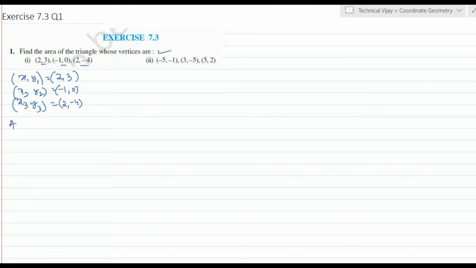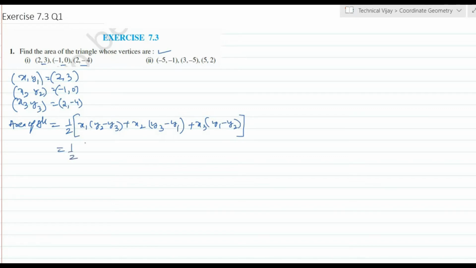So we know the area of the triangle is equal to half of x1 into (y2 minus y3) plus x2 into (y3 minus y1) plus x3 into (y1 minus y2). These values we will substitute.